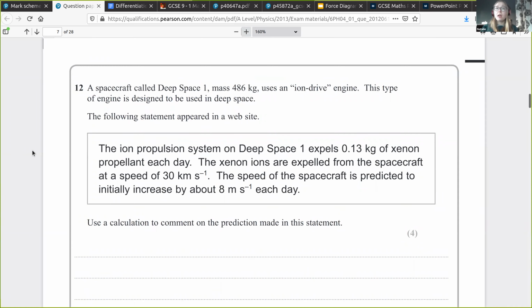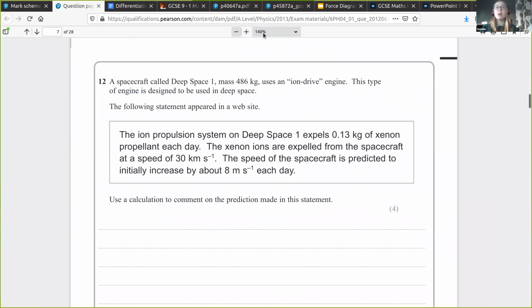And the statement says the ion propulsion system on Deep Space One expels 0.13 kilograms of xenon propellant every day. The xenon ions are expelled from the spacecraft at a speed of 30 kilometers per second. The speed of the spacecraft is predicted to initially increase by about 8 meters per second each day. Use a calculation to comment on the prediction made. So this is an example of something breaking apart.